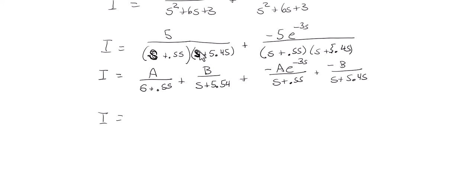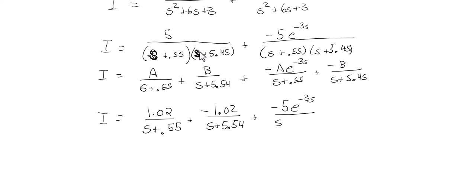So when you do that and you solve, you get 1.02 for A and minus 1.02 for B. This should also have an E on it.